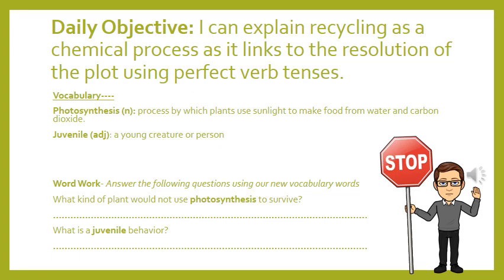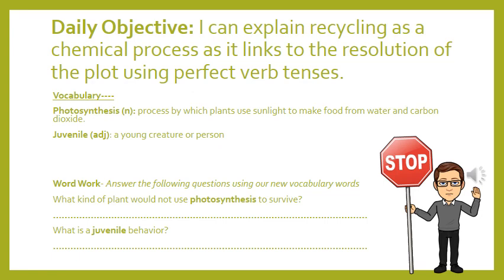Our two new vocab words: photosynthesis is the process by which plants use sunlight to make food from water and carbon dioxide. So all plants, or rather all plants with green leaves or with a green tint to their color, use photosynthesis.